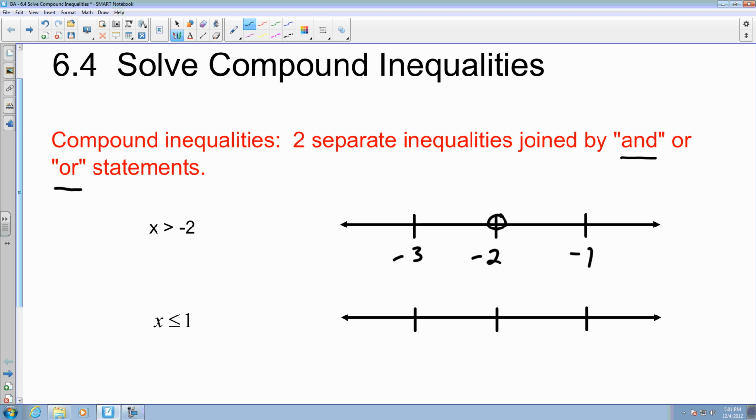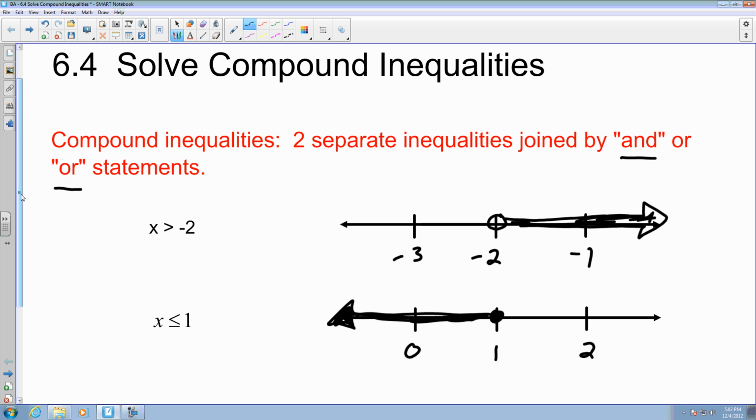This one's with an open circle, and it opens up to the right. And for x is less than or equal to 1, I'm sorry, which we have 1, 2, and 0. This is a closed circle, and it is shaded to the right, or to the left, I'm sorry.